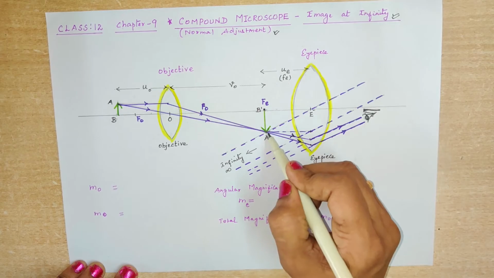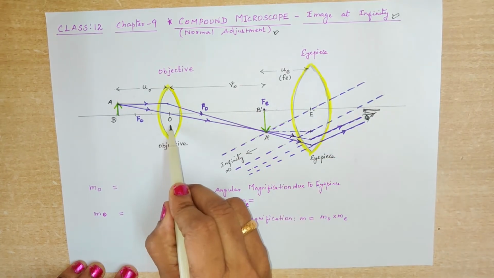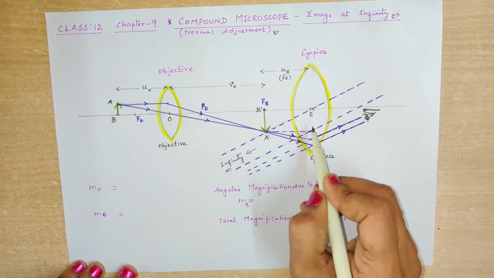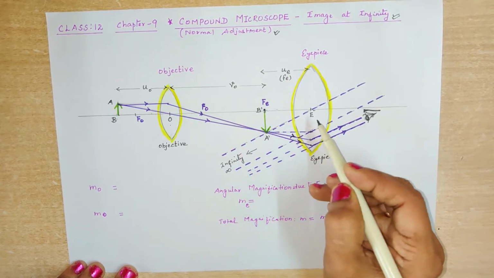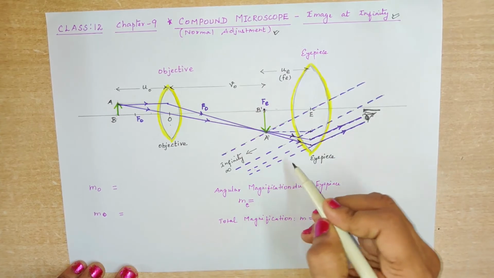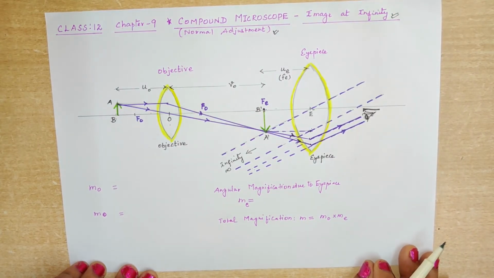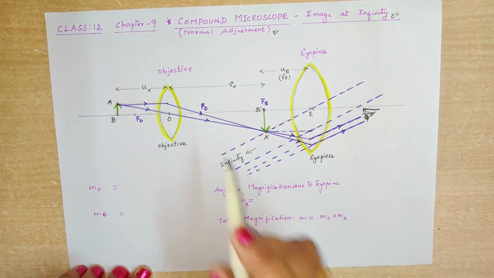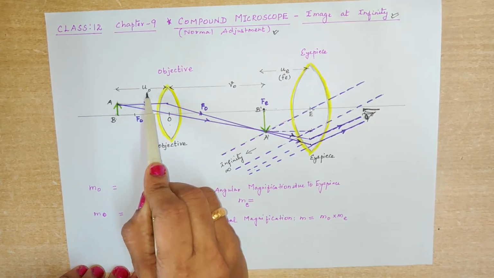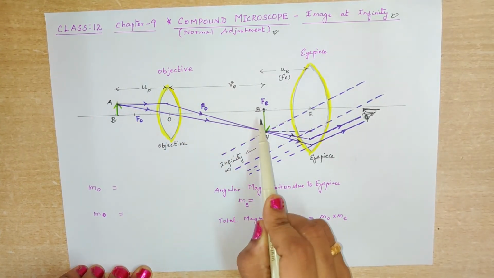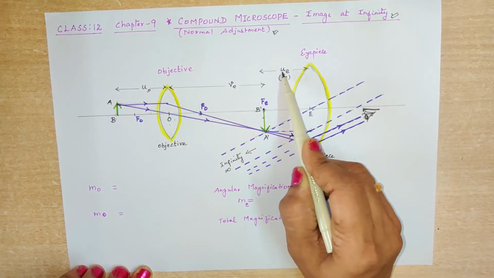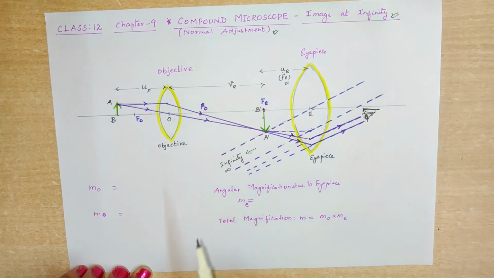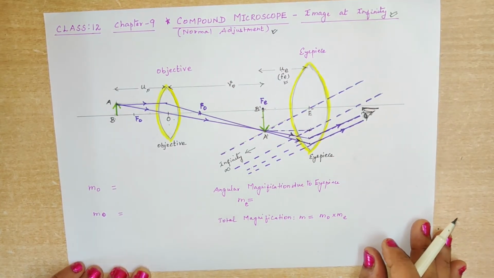Now, this is the image for the objective lens, but it will behave as an object for the eyepiece at the focus, and hence the rays go to the infinite position. It forms the image at infinity. Now you can see the distances UO and VO for the first image, and UE is the object position, that is nothing but the focal length of the eyepiece itself.